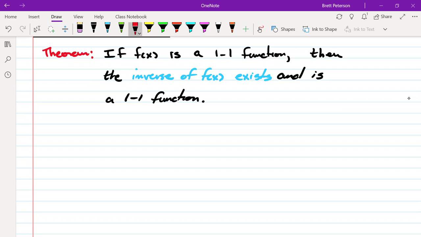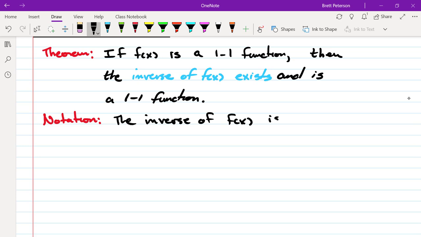All right, so then there's some notation we need to discuss that goes with this. The inverse of f of x is written as f, and where we would normally put an exponent, we'll put a minus 1, and then we have a parenthesis x.